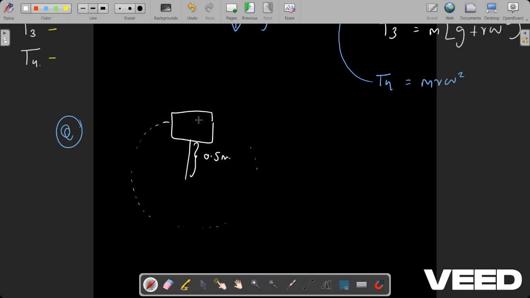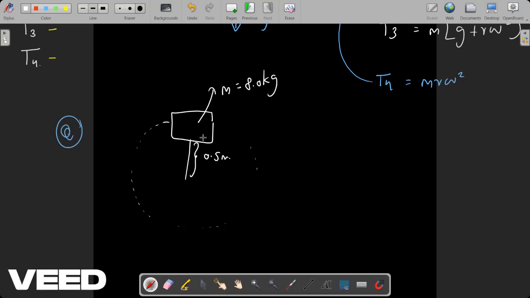The mass of this object is 8.0 kilograms, right? Actually, it's a bucket. It's a bucket filled with water, and the bucket is tied to a string, and it is orbiting at a radius of 0.5 meters, right?